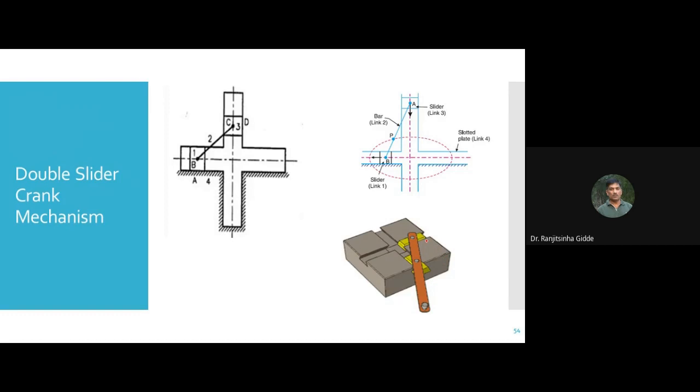This is the slotted plate, this is the slider, this becomes the first sliding pair. This is the slider, this one is the slotted plate, this is the second sliding pair. Understood? Two sliding pairs and two turning pairs.